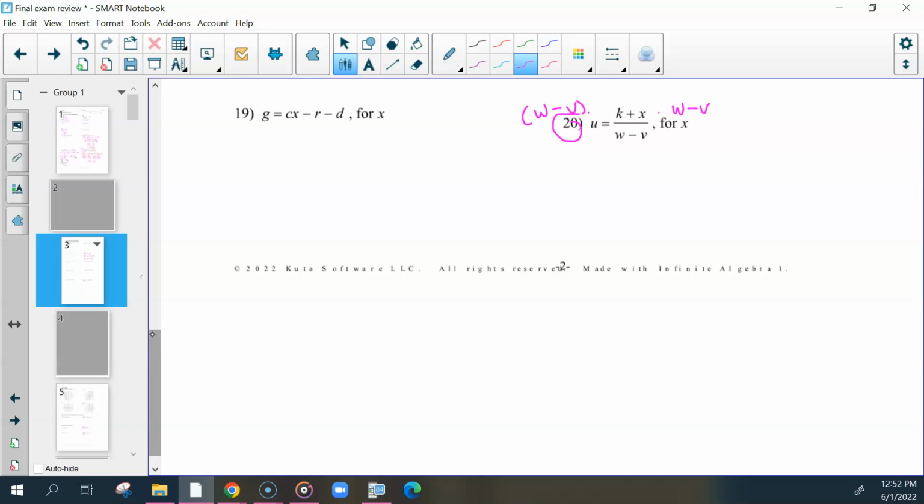Try if you need to. So when we multiply w minus v on both sides, this denominator and this cancel. I'm going to rewrite this so I have u times w minus v equals k plus x.